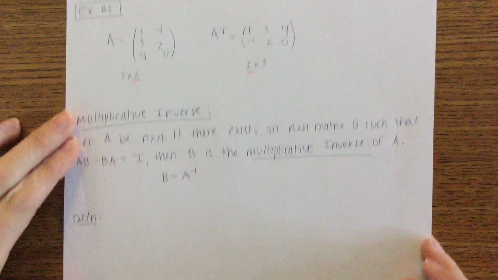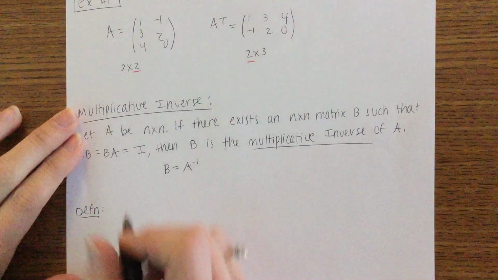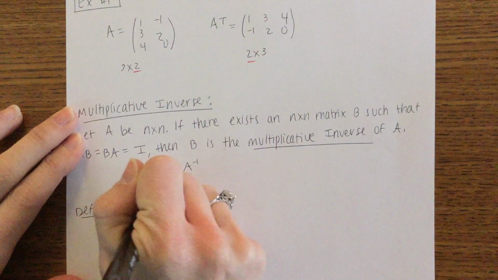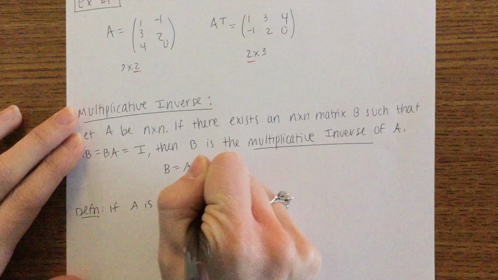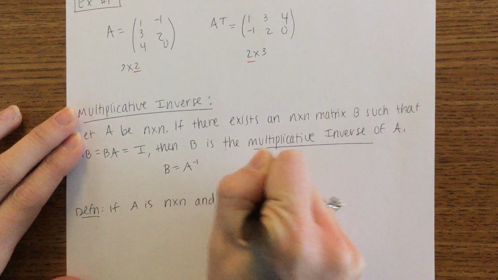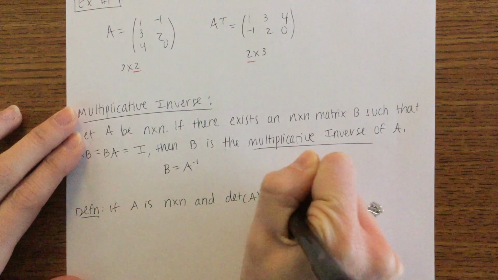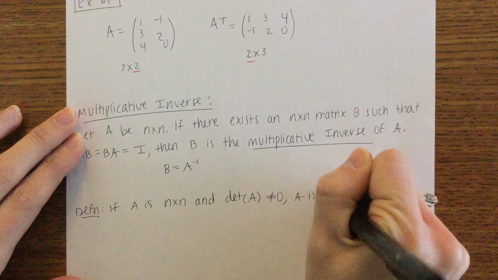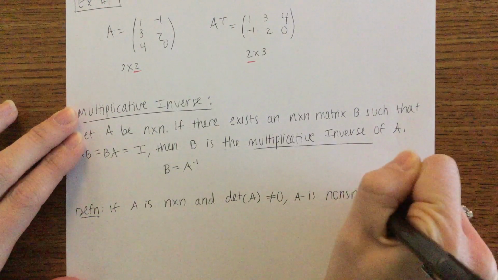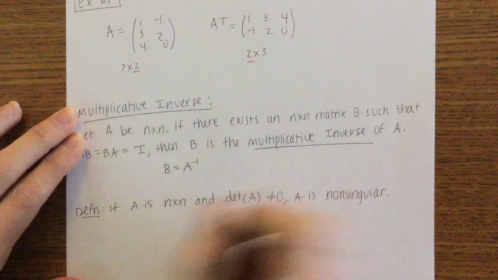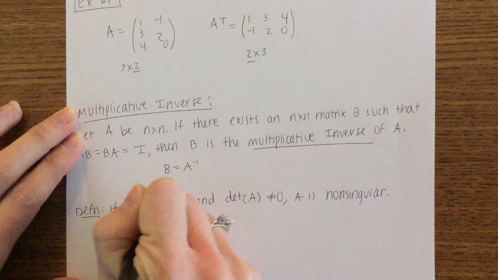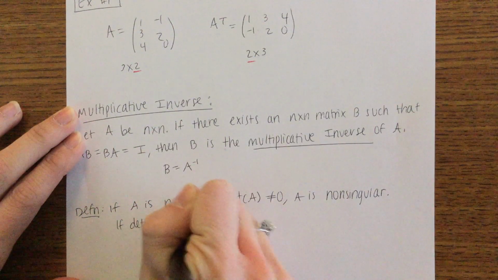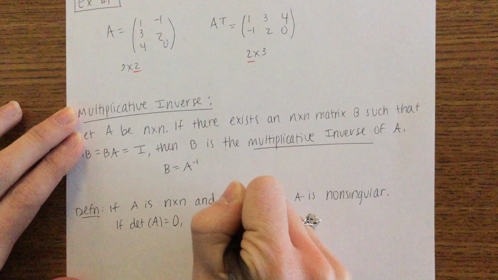We're gonna write down a definition that is gonna answer that question. If A is n by n and the determinant of A is not equal to 0, A is called non-singular. If the determinant of A is 0, then A is singular.